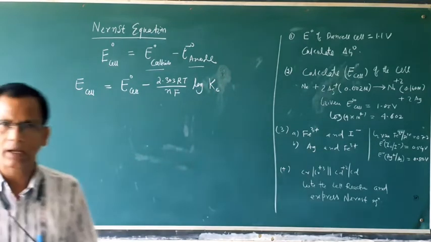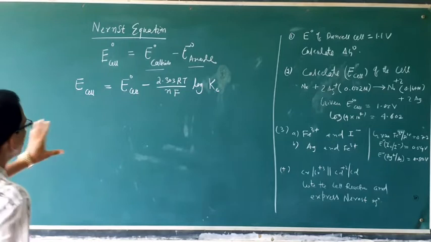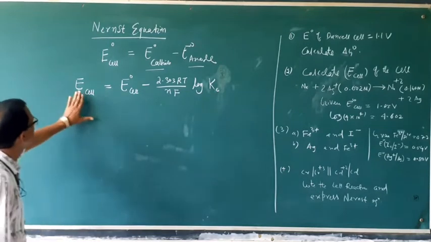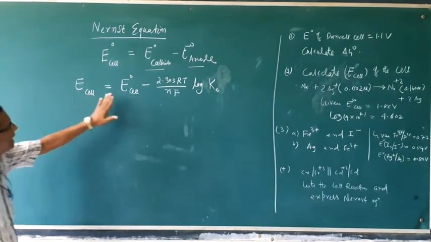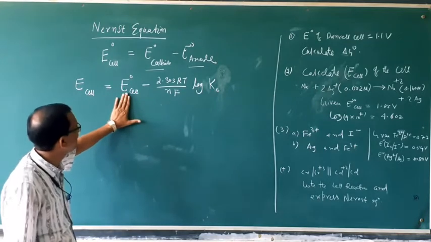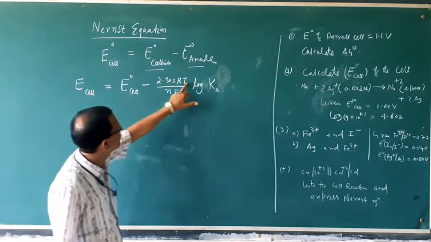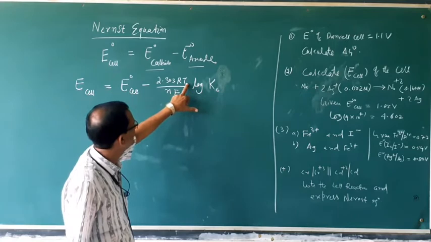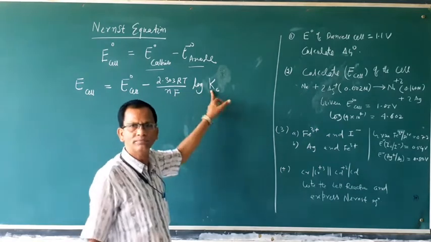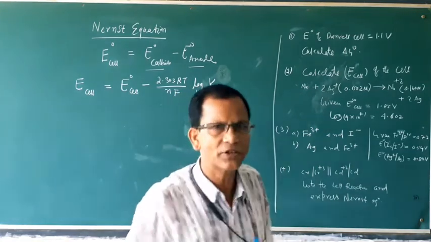This is the important relation between cell potential, the standard cell potential and temperature, and here Kc is the equilibrium constant. That is called the equilibrium constant.